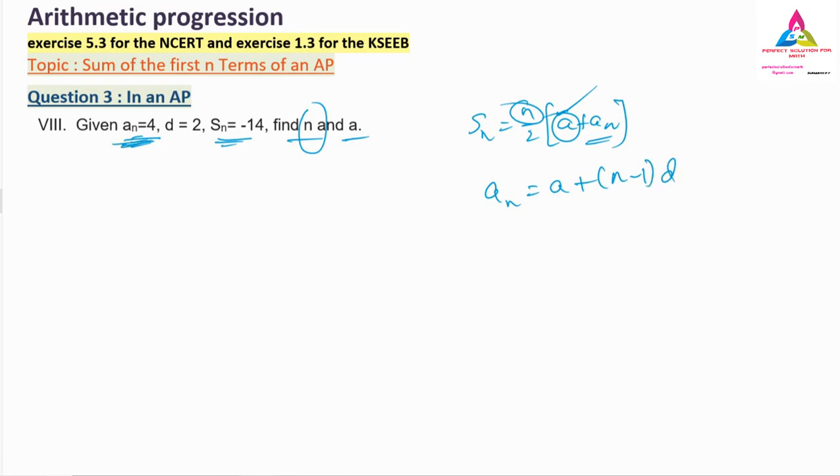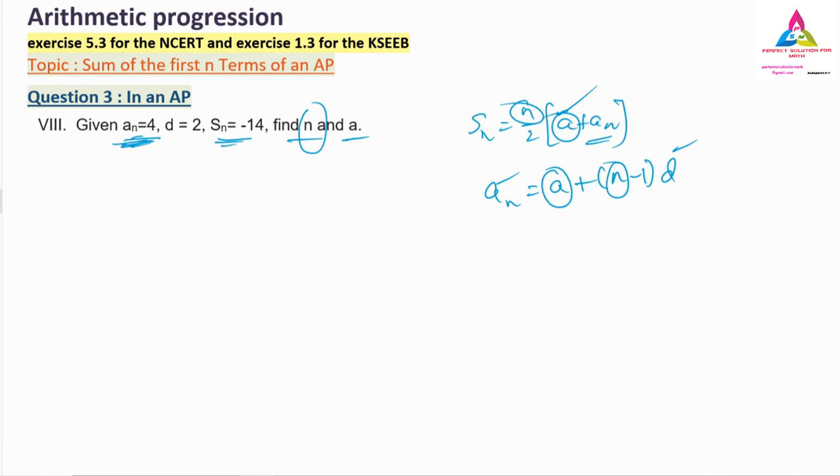We know the d value and the an value, but we don't know the a and n values, which means we are going to get equations like this, several equations. So we have to calculate by subtracting or doing something else. So this is all about the glance of this 8th question.